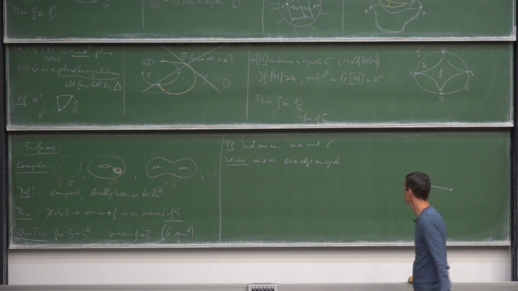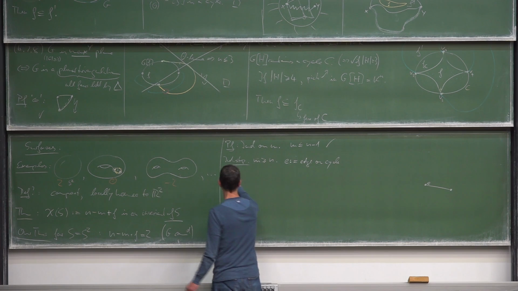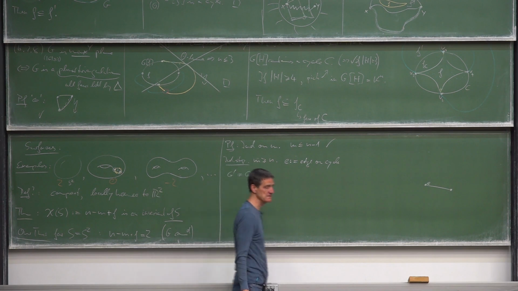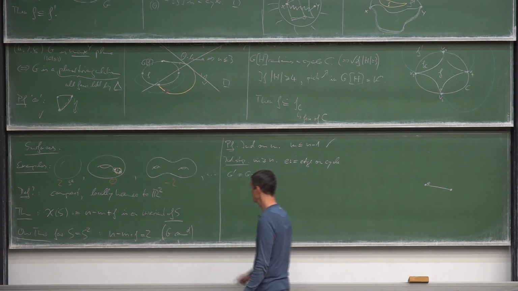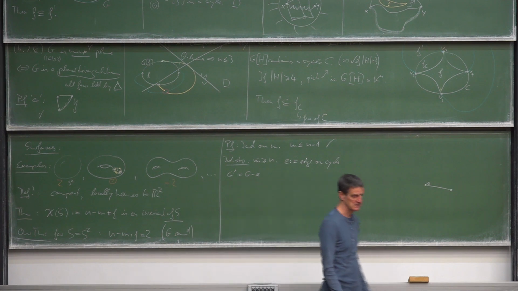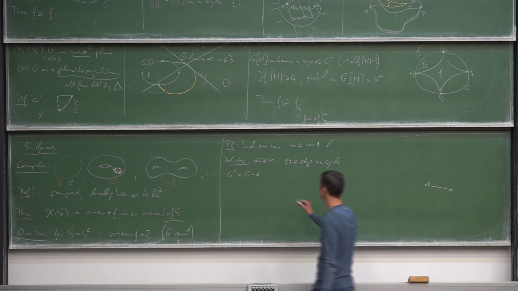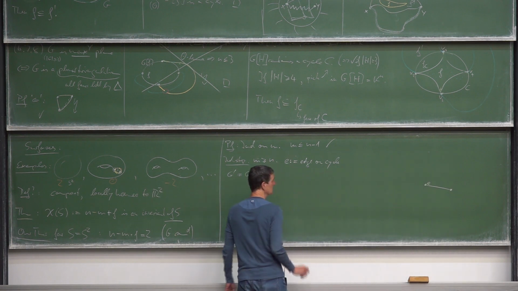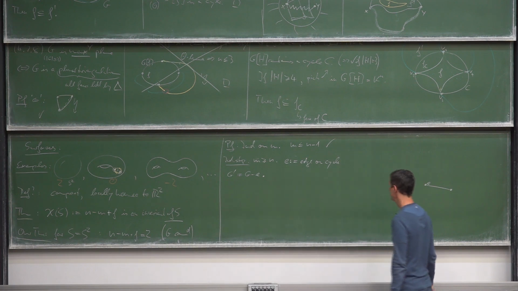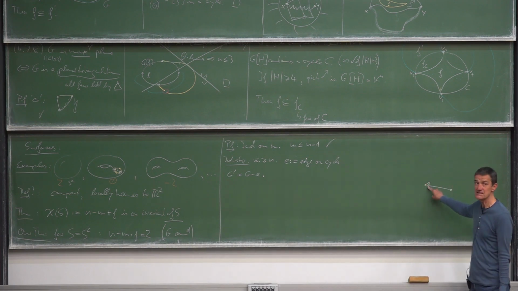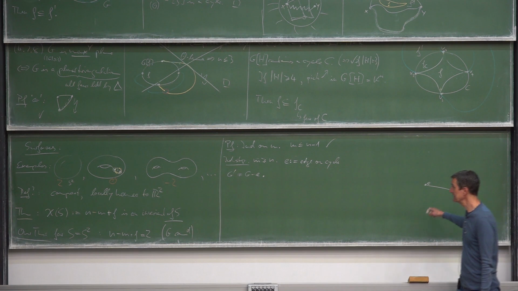And then we want to call the graph minus that edge G prime. Our graph is called G. And now we know that since E is on a cycle, it lies on the boundary of precisely 2 faces. It took us a long way to get there, right?